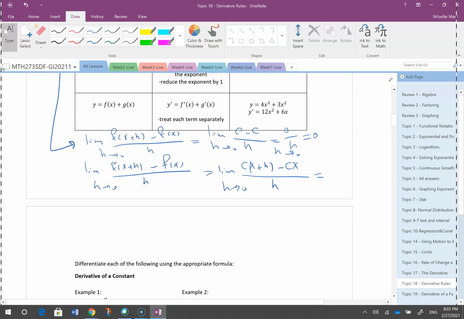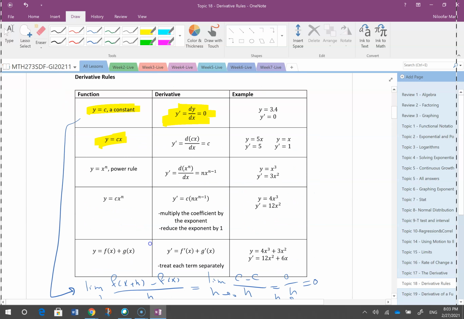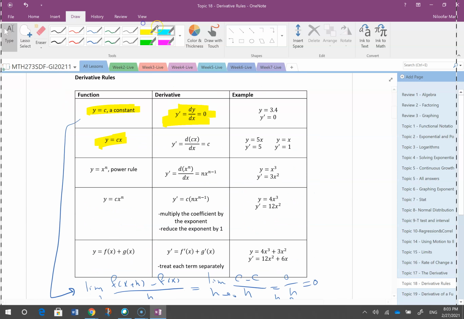I write the limit of cx plus ch minus cx, over h. You can see I can cancel cx and cx, so it is the limit of ch over h, and the result is c. So the derivative of cx is c. The derivative of a constant c is 0, but for cx, it's c.